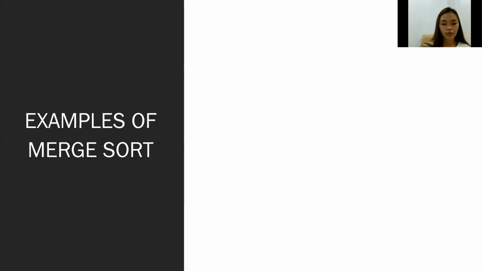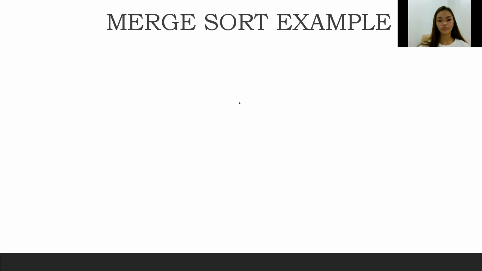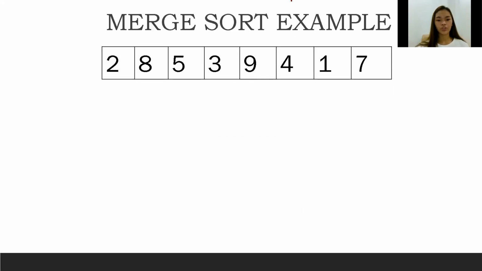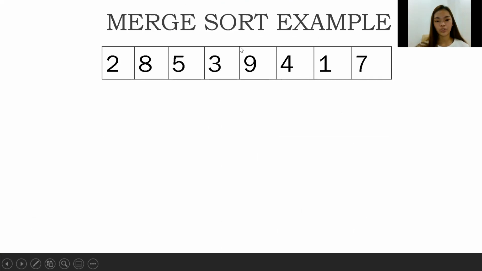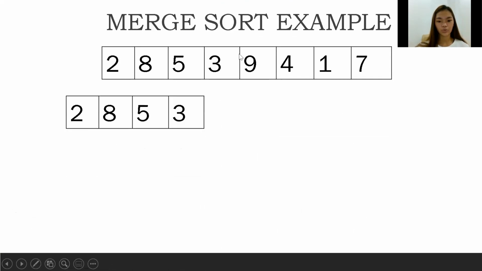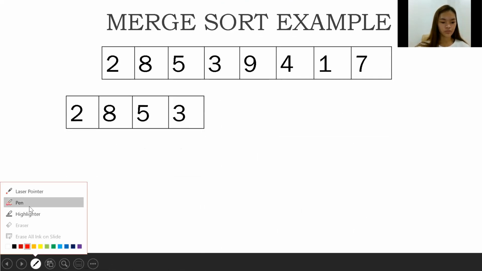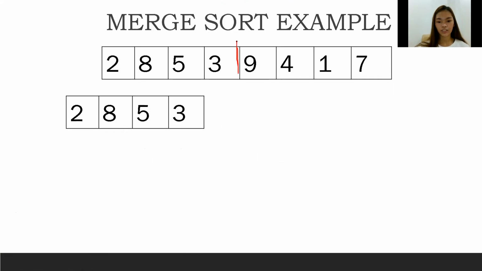So this is an example of merge sort. Here, I'll show you 8 numbers. All we have to do is divide this into 2, so it's going to be 2, 8, 5, and 3.